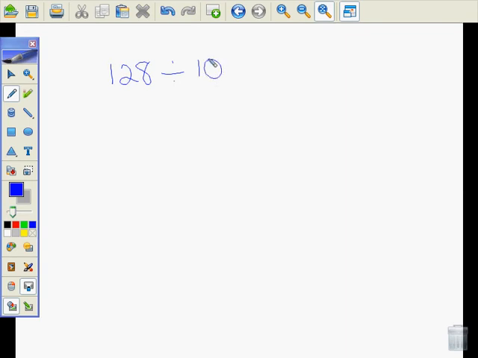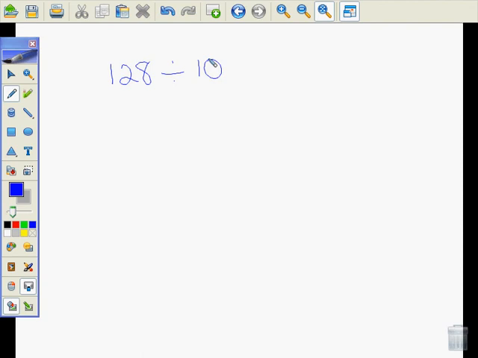Give you about 30 seconds to 2 minutes to try and figure this one out. All right, let's see what you got.